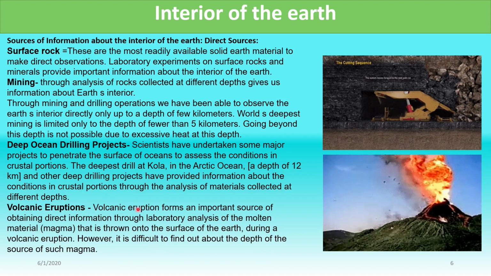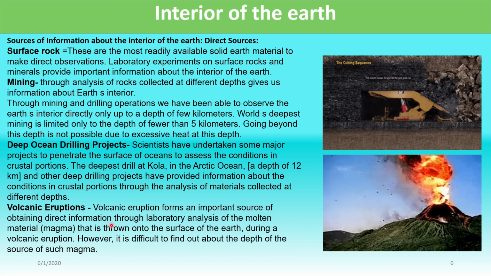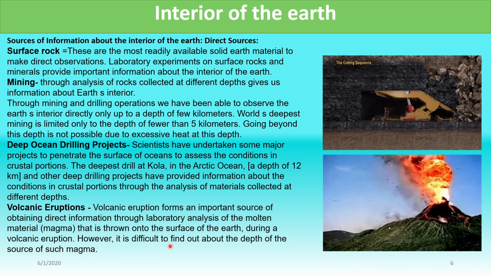Volcanic eruptions. Volcanic eruptions form an important source of direct information through laboratory analysis of the molten material that is thrown onto the surface of the Earth during a volcanic eruption. However, it is difficult to find out the depth of the source of such magma.